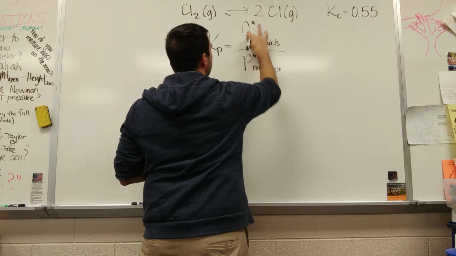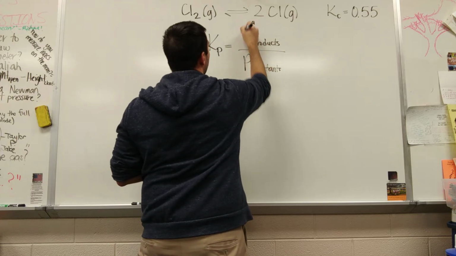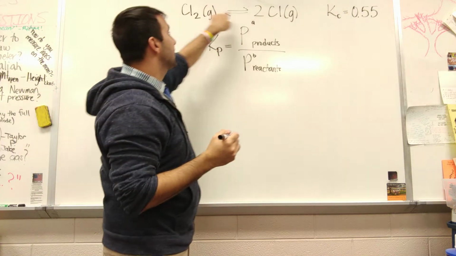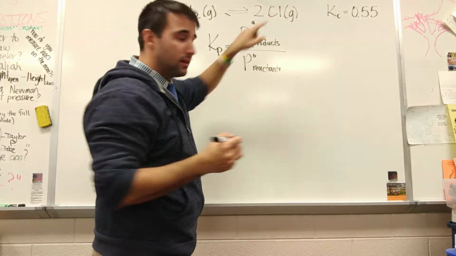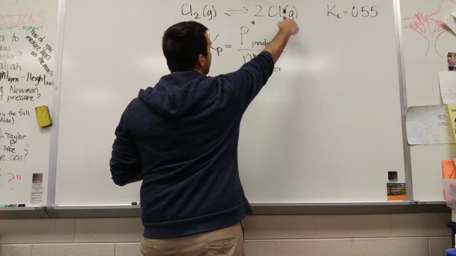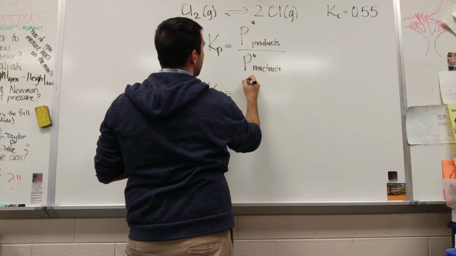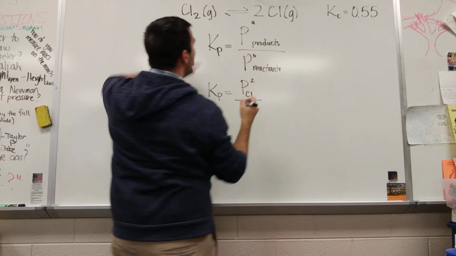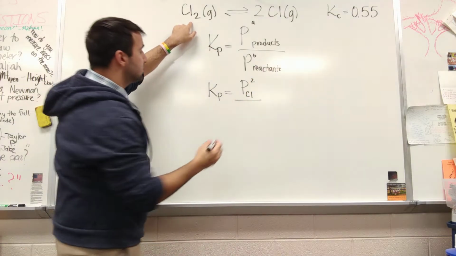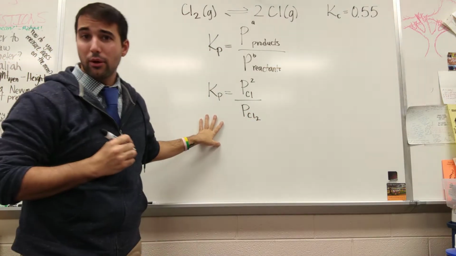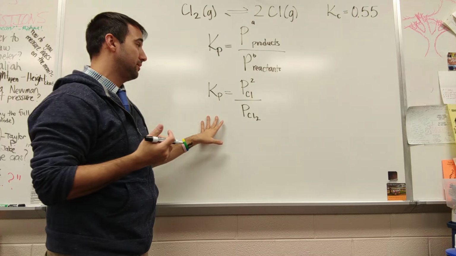For this reaction, my Kp would be the pressure of Cl squared, because I have 2 of my products, over the pressure of Cl2, 1 reactant. That's how I would write my Kp expression.